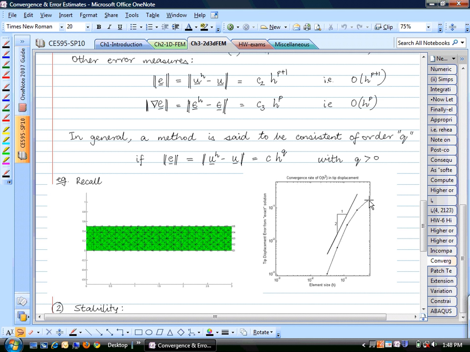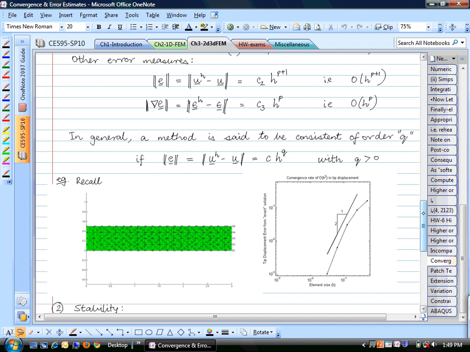As you keep on refining the mesh, your error keeps on going down, and your element size also keeps on going down. So from this point, as you refine the mesh, you get to this point, and so on. You can see that this is the result that you get from your finite element program. And the slope of this line is actually 2.